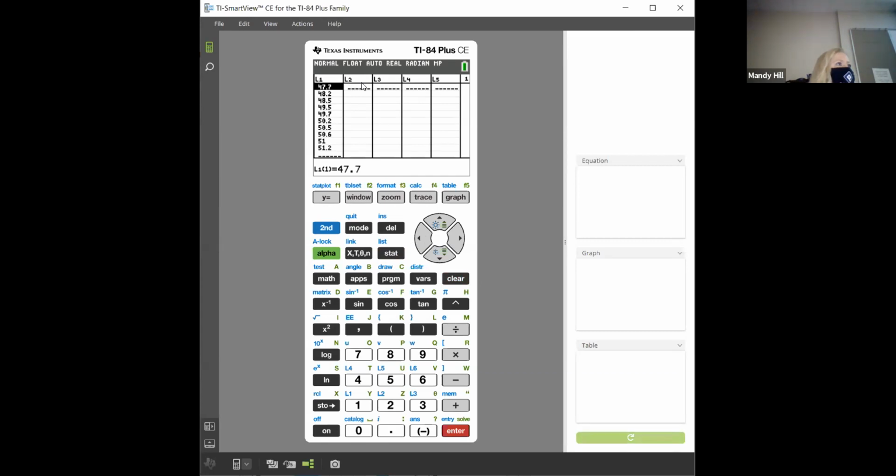Are you good? Okay. Now I've got something in my list that I don't want to be there. So I'm going to hit my arrow and go up, then hit clear, which is right below the arrows, and go down, and that'll clear out my entire list. Now I'm starting with just typing my numbers in. So 4.1, 5.2.